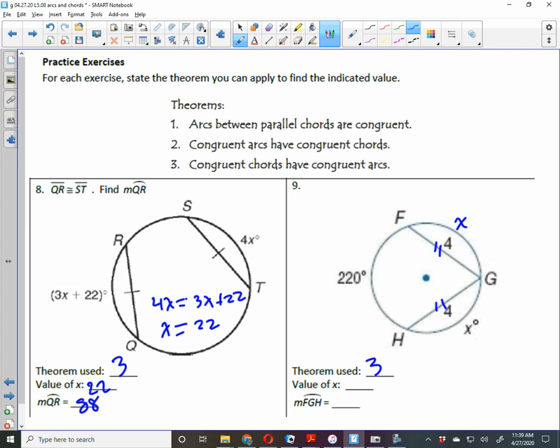I know that these all add up to 360, right? So x plus 220 equals 360. 2x equals 140. X equals 70. So arc FGH is equal to 140.